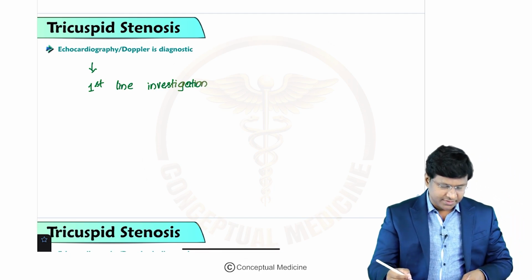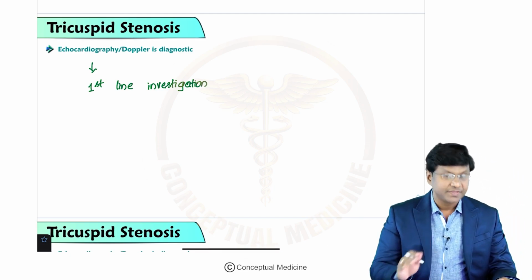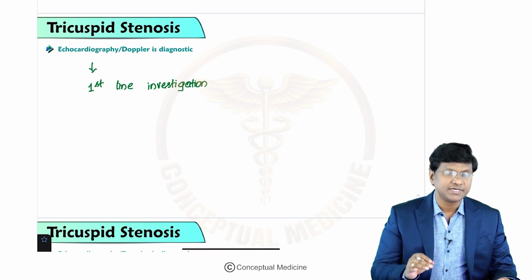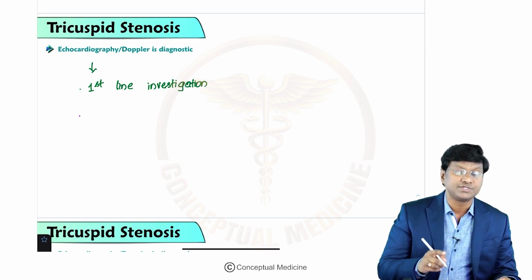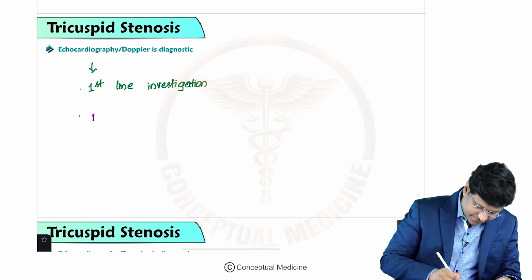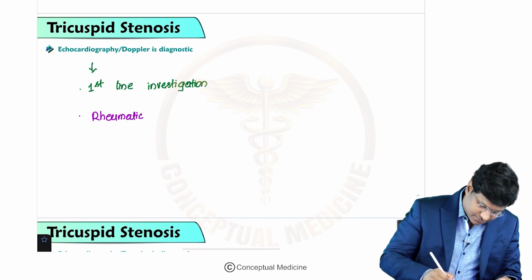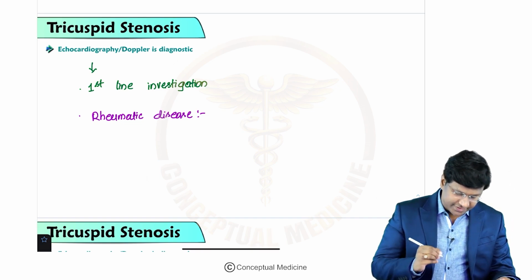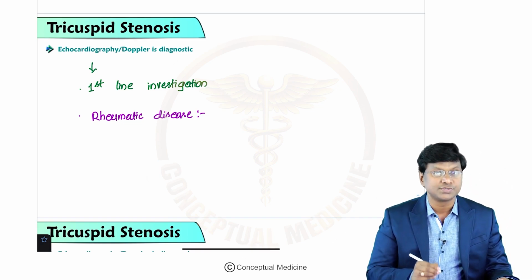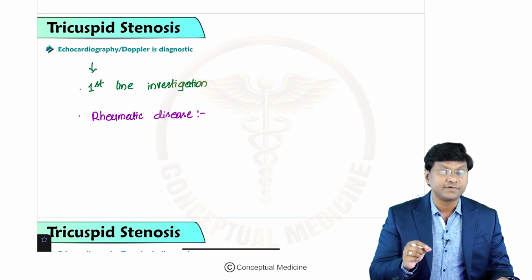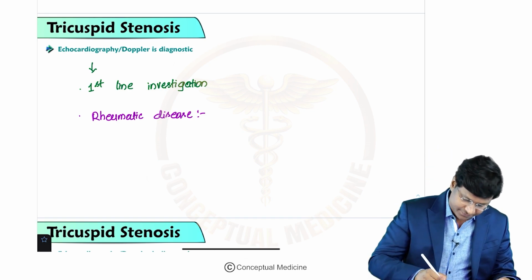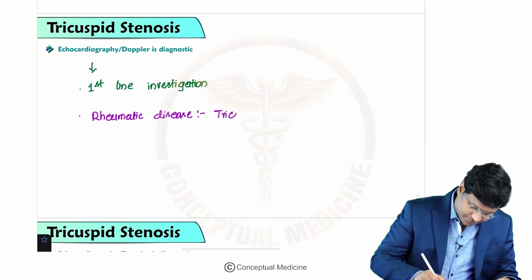Right, first line investigation in patients with tricuspid stenosis will be the echocardiography. Now, what is it that you will observe? For example, if the etiology of the tricuspid stenosis is rheumatic disease, you will observe tricuspid valve thickening.